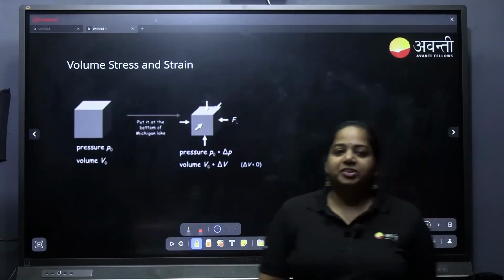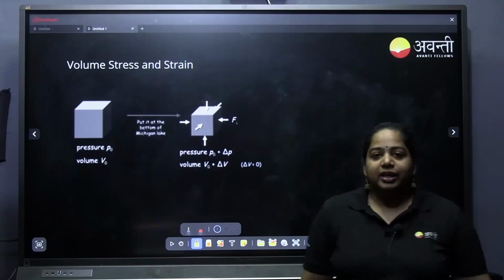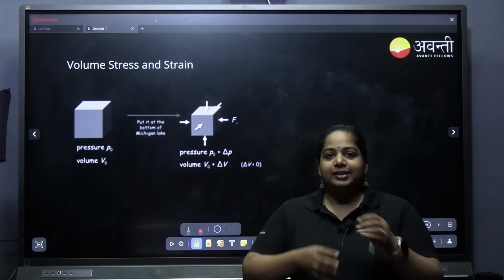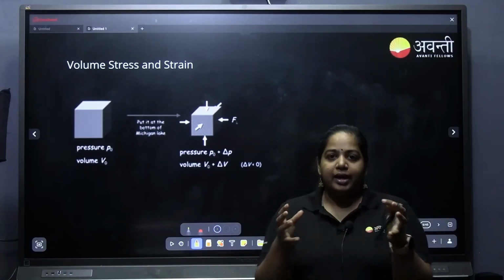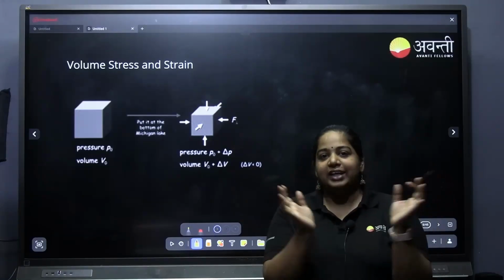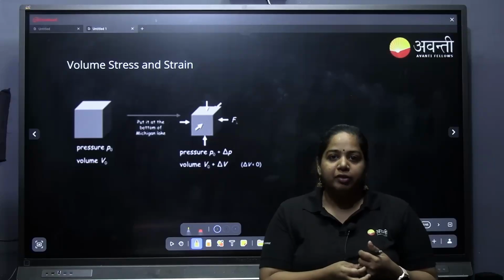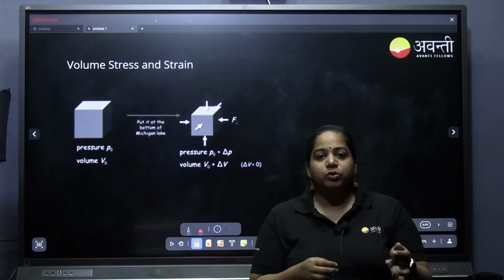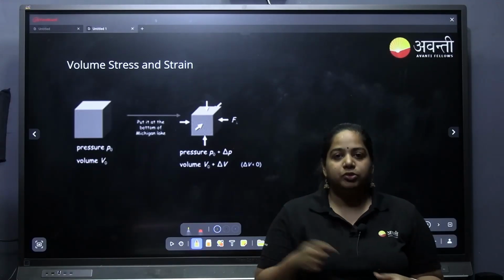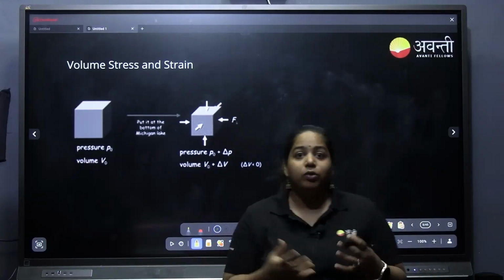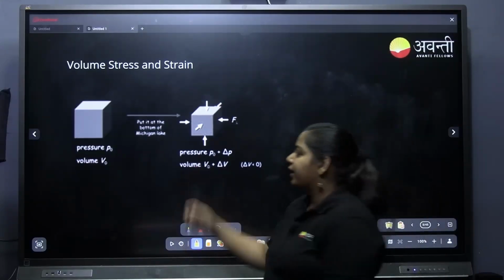Next is volume stress and volume strain. Here we are actually talking about, let's imagine a balloon. The atmospheric pressure is acting on the balloon, right? It's acting everywhere on the volume of the balloon. Such a type of force is called volume force, or volume stress we can find.